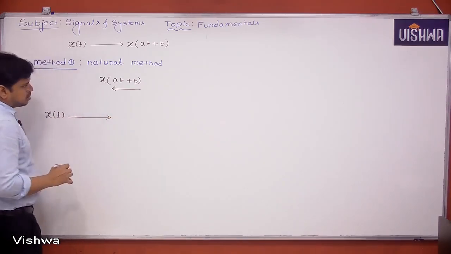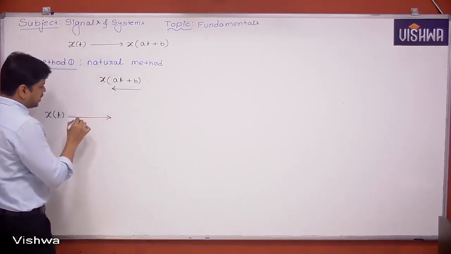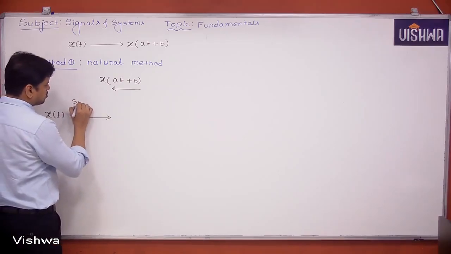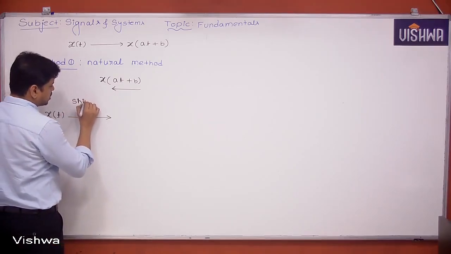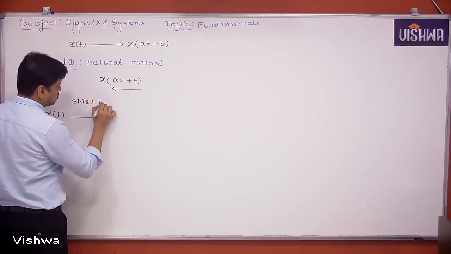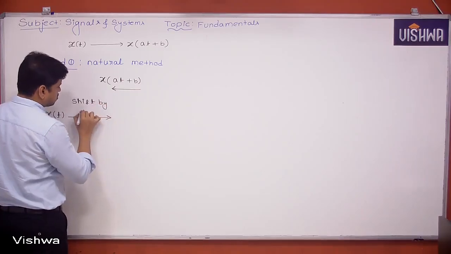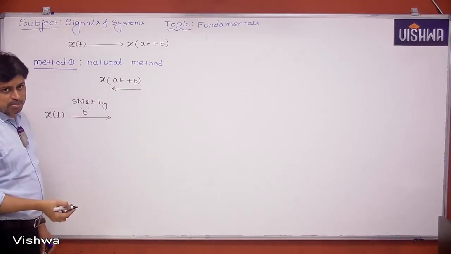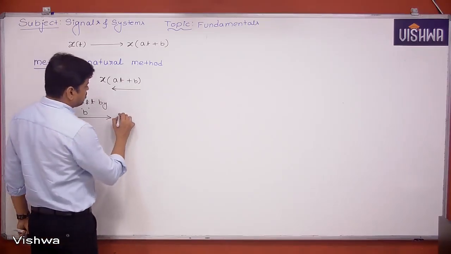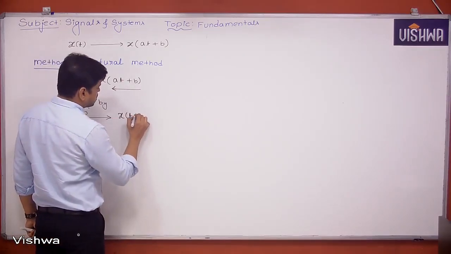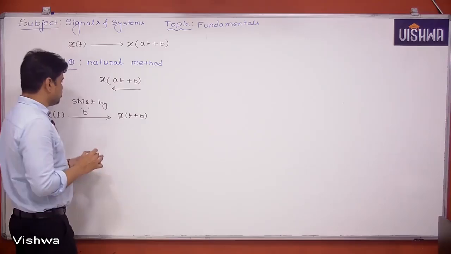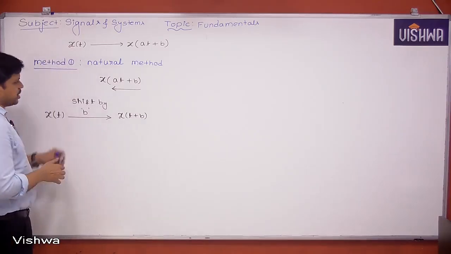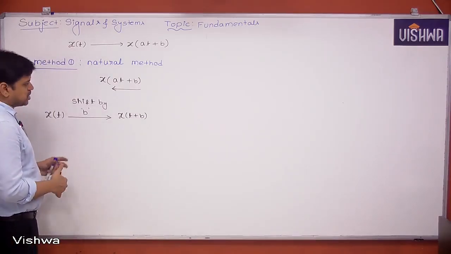From this, we take shifting by b. Shift by b means t has to be replaced with t plus b, then x of t plus b, or directly I am writing advance by b.